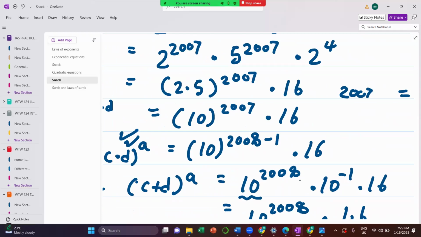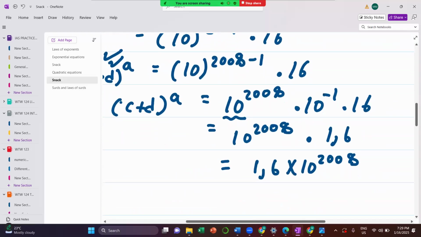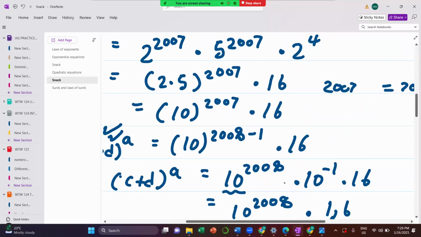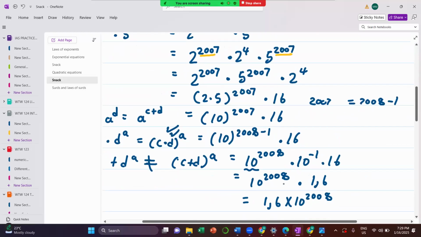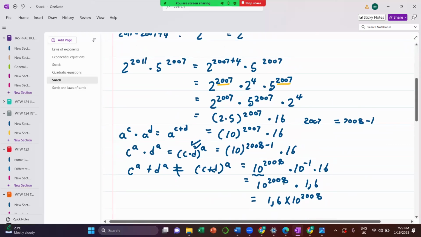Yes, sir. And then now this 10 to the exponent negative 1 will multiply 16 and it'll turn into a 1.6. And I have exactly now what they wanted me to prove. Are you guys okay? Yes, sir. Okay. So now I think all is fine, right?